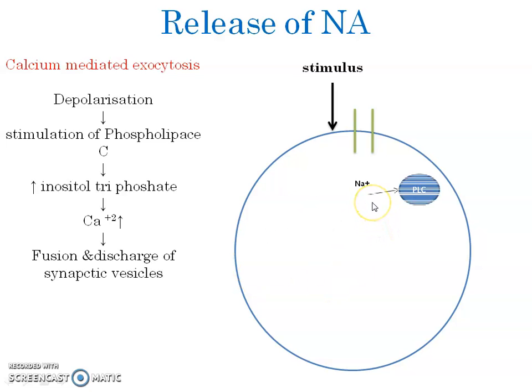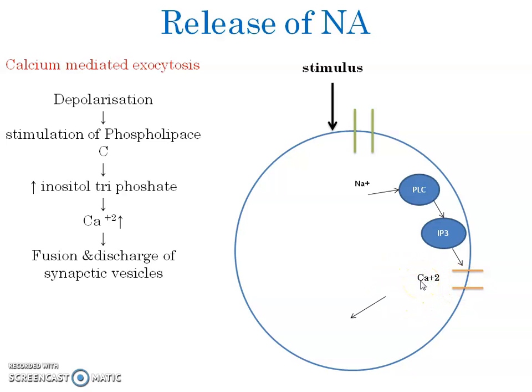When there is depolarization, it causes activation of phospholipase C, and the phospholipase C in turn activates the inositol triphosphate, which further activates the main channel, that is the calcium channel. On activation of the calcium channel, there is calcium entry into the axonal plasm.